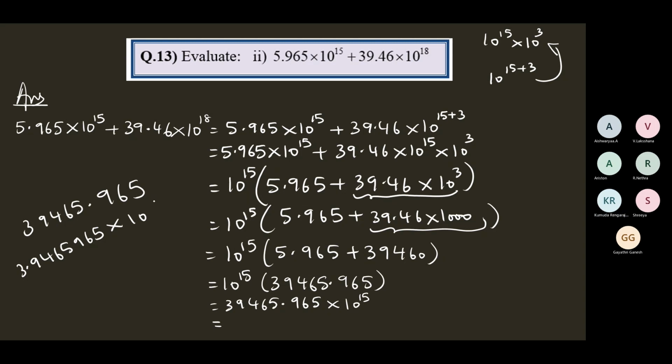No, ma'am, I'm sorry. 10 to the power 7, ma'am. No, see, the decimal point is here. 1, 2, 3, 4. So is it a positive 4 or a negative 4?